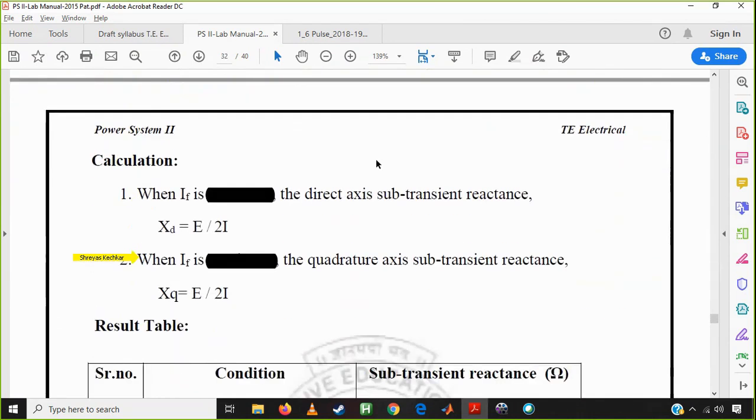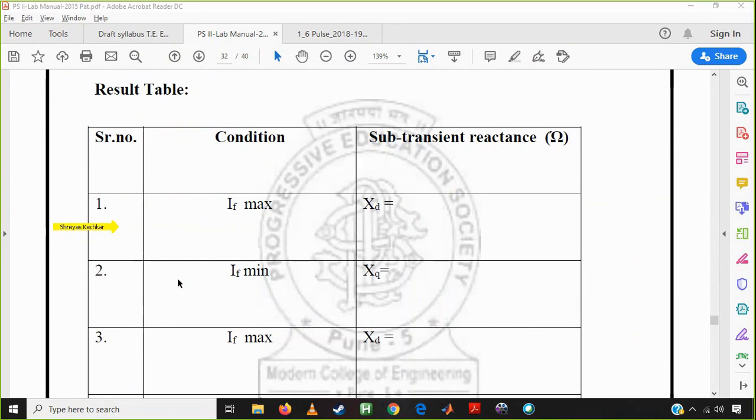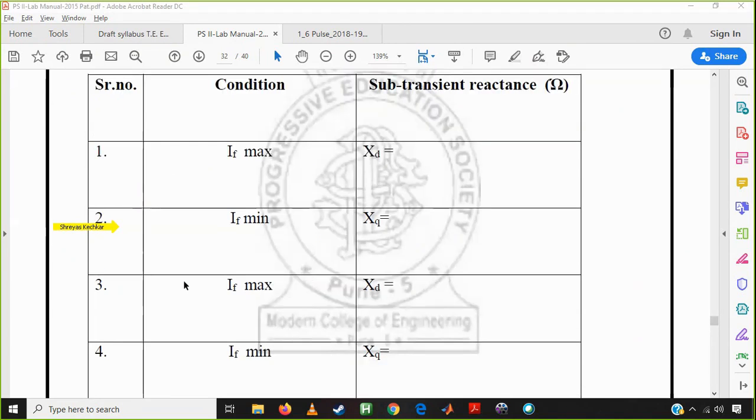Then I F max, direct axis transient reactance, sub-transient reactance, you can calculate it. Xd'' is equal to E upon 2I, and Xq'' is equal to E upon 2I. Two values we are getting because we are having two phases. That's why we are taking two values. Afterwards, in the same way we can proceed, turning a few lamps on again and following the same procedure to find out the Xd.